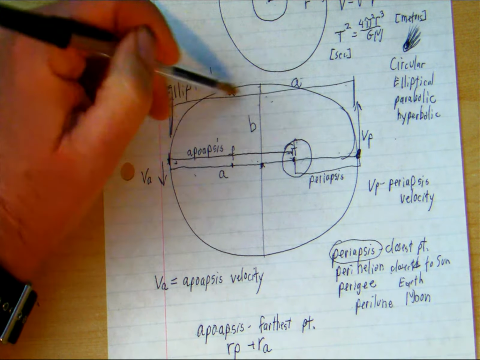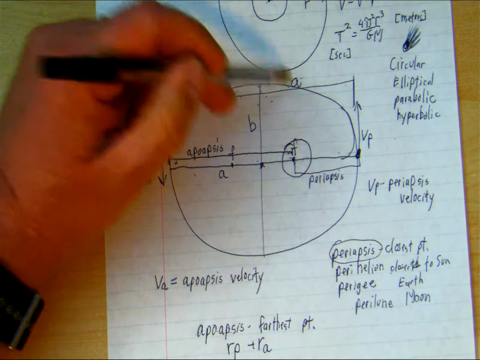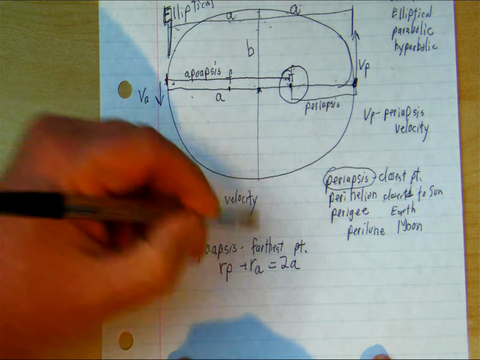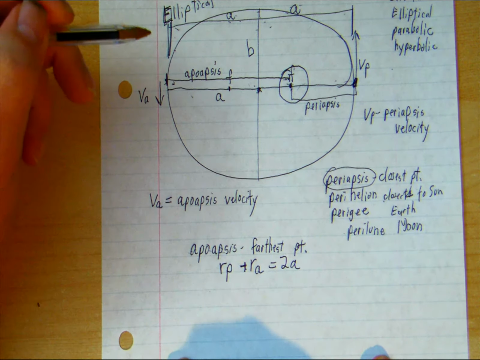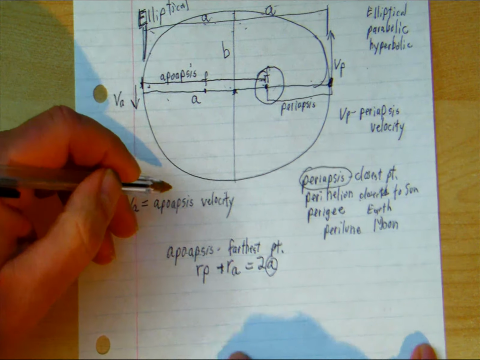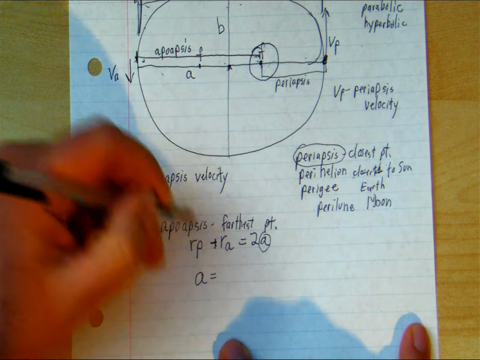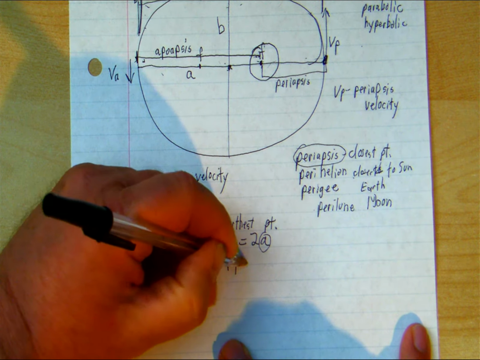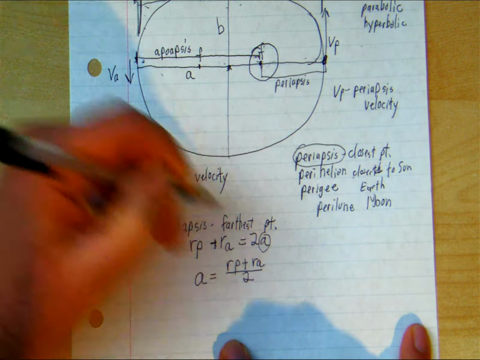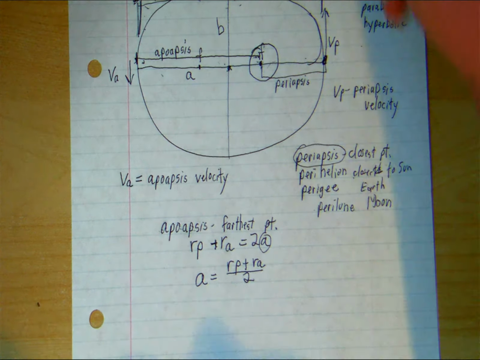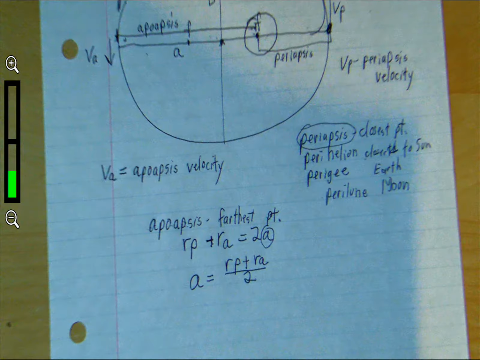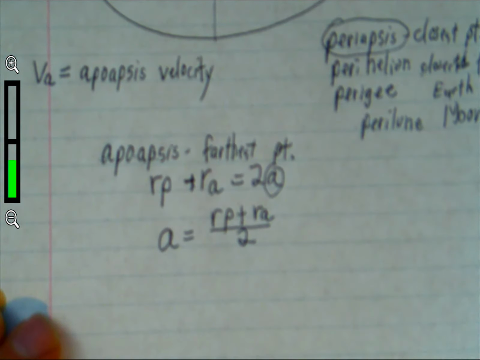So A is the semi-major axis. So 2A is equal to the periapsis distance plus the apoapsis distance. So if I want to solve for A, that is just the average of the periapsis distance and the apoapsis distance. Ta-da! That means life is good for us. Life is simple. Life is manageable. Life is basic orbital mechanics.